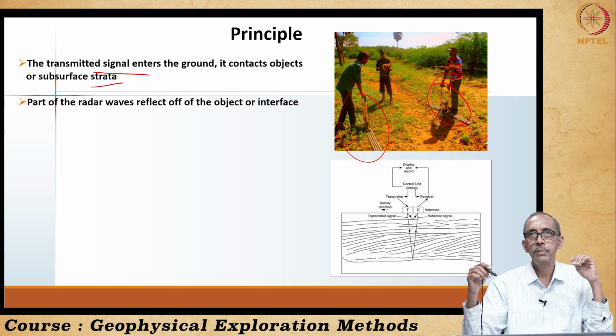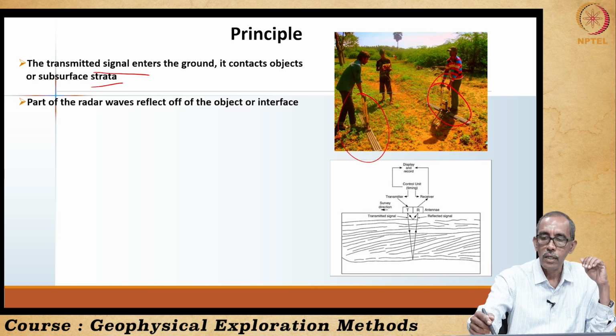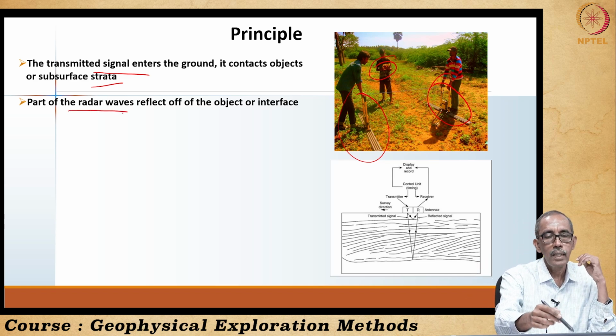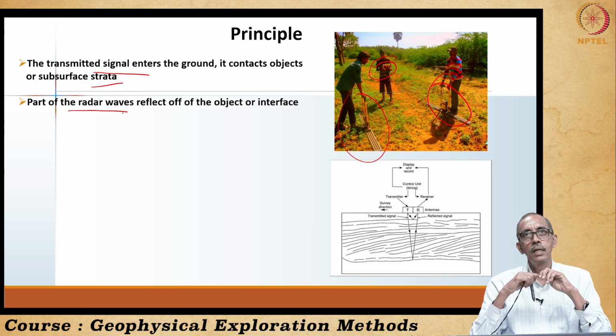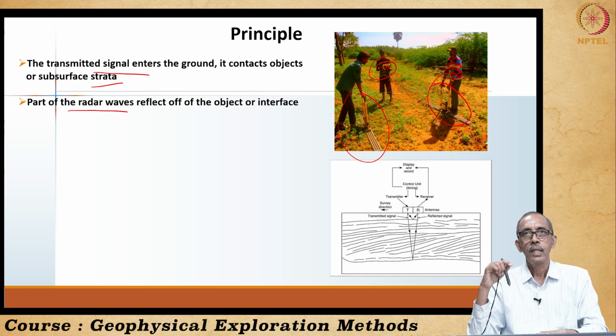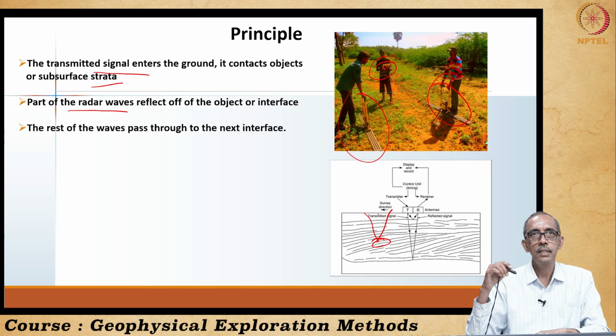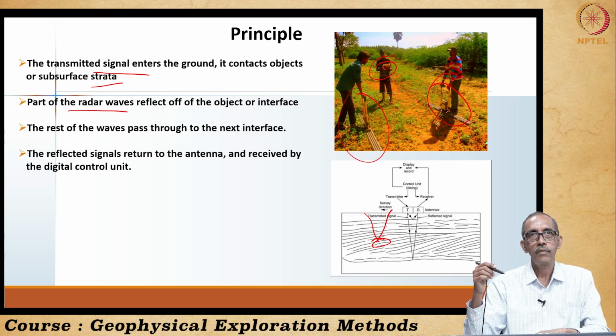We have one transmitter and a receiver, connected to a recording unit, wherein we can simultaneously see the image, right. Part of the radar waves reflect off the interface or any other object present below the surface, and part of the waves pass through to the next interface.